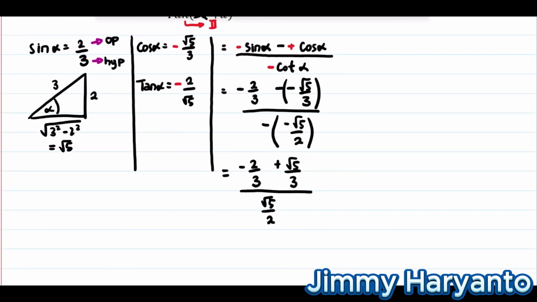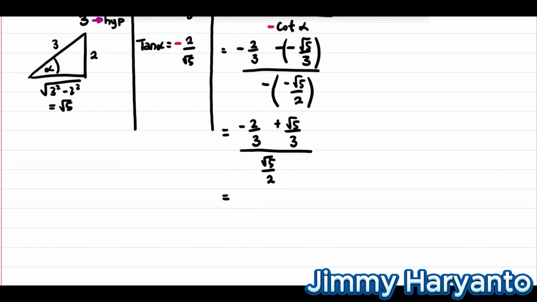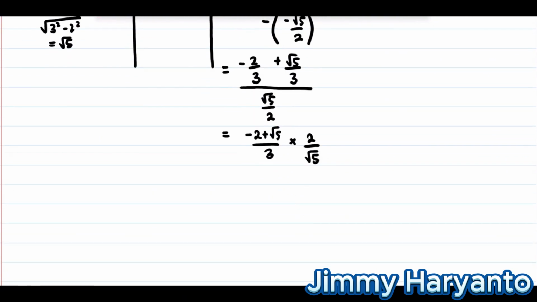So next, let's try to make the denominator equal. For the top, it's already equal, so I can write it as -2 plus square root of 5 over 3, and then this one is considered as division, right? That means I can make it into multiplication, but I have to flip the denominator like this. Okay, and then just multiply.